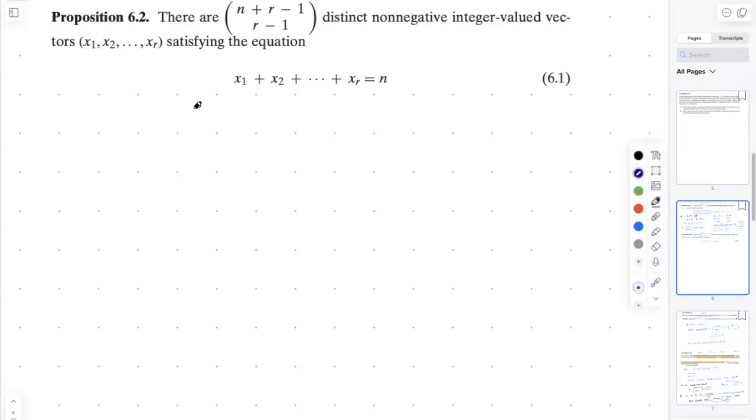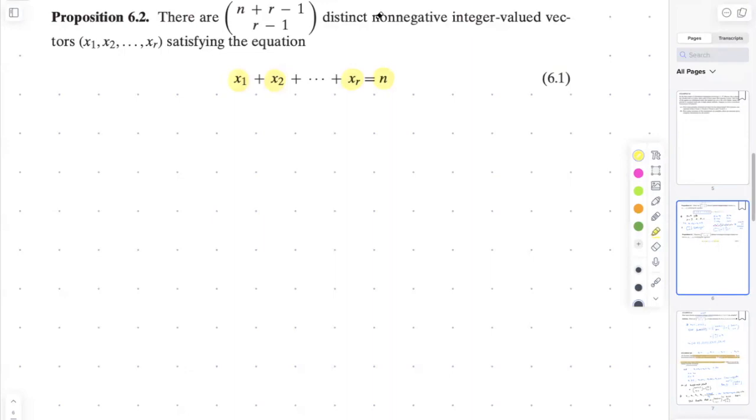Let us now go to proposition number 2. In proposition number 2, the situation is there are n different objects. You need to divide these n objects into r groups, x1, x2 up to xr, such that anyone can receive any number of objects, up to n.